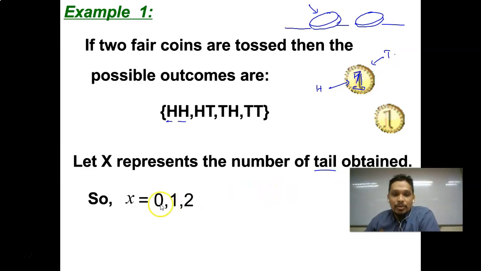X equals 0, 1, 2. When we see both head and head, there is no tail appearing. Might be one tail, or might be both tails.